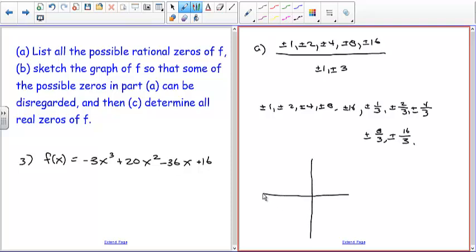So one thing you could do is we do know the y-intercept, which is 16. So let's just point that up there, 16. And the end behavior says that it's going to look like this. So there's a couple of options. It could come down like this and then loop back up like that, go through there, come back down like that.